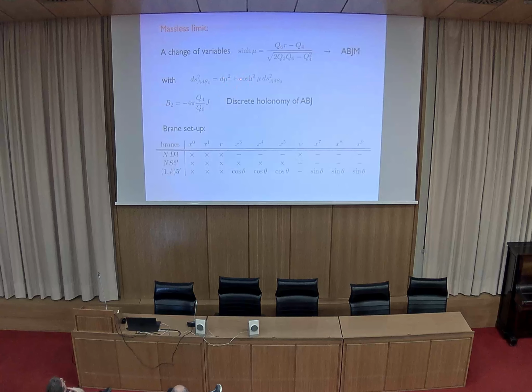And all these coefficients, related to your question, in that case are constants in the massless limit. So you recover the ABJM metric. The Neveu-Schwarz 2-form becomes the Neveu-Schwarz 2-form that you have in the discrete holonomy of ABJ, and is what you get in the massless limit.